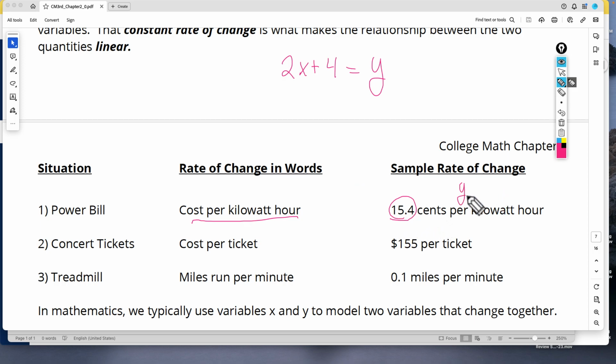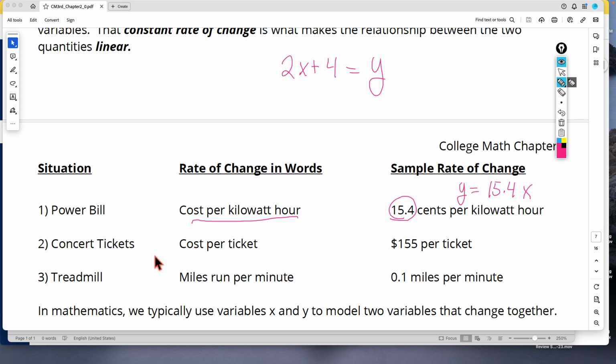So my linear equation here is y equals 15.4x. X is the number of hours I've run my air conditioning, whatever, right? I multiply by 15.4, that's going to give me the cost. How many kilowatt hours, right? That's how many cents. X is kilowatt hours.